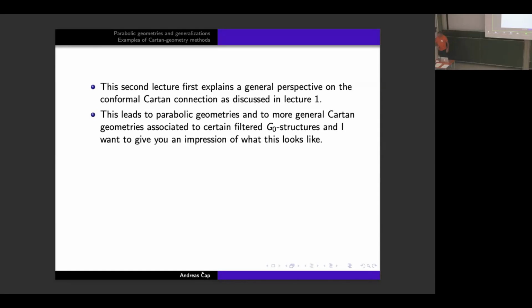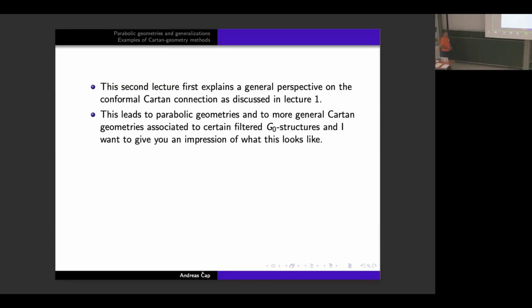And I'll also briefly discuss a further generalization to cases in which you get Cartan geometries associated to filtered versions of G structures. I mean, this is true for all parabolic geometries, but the parabolic case is a rather specific setting, and I'll discuss generalizations.